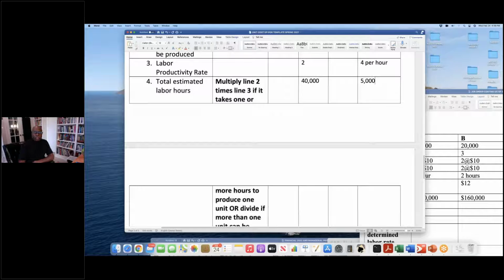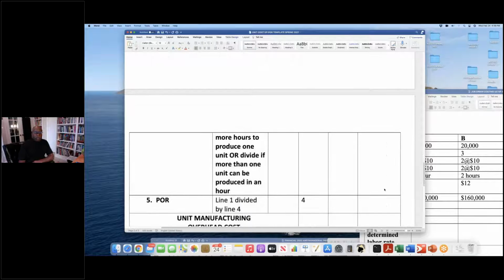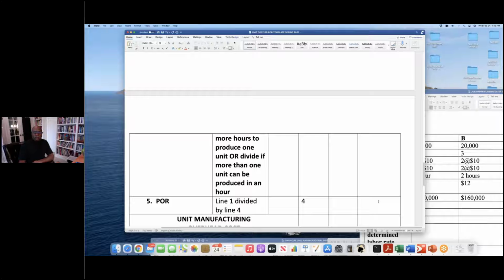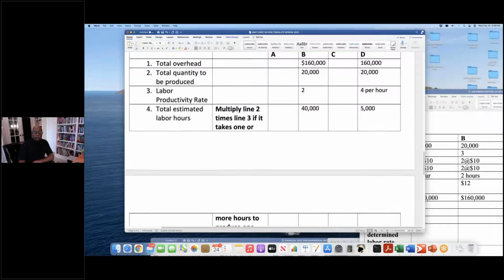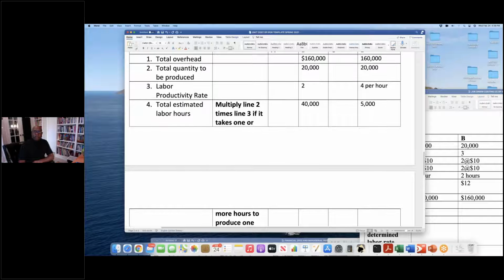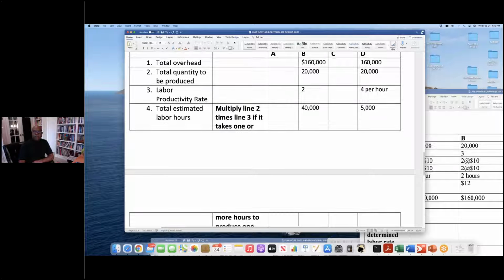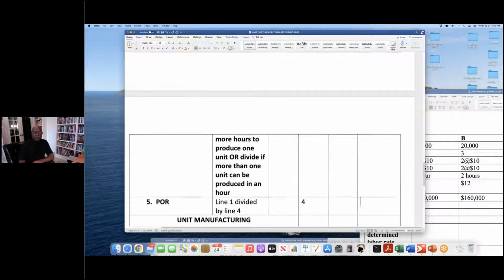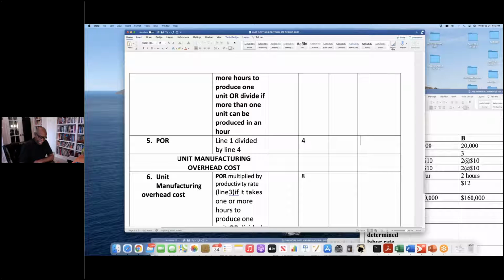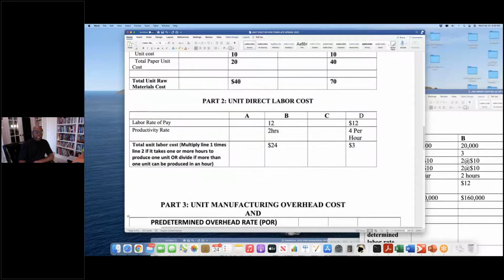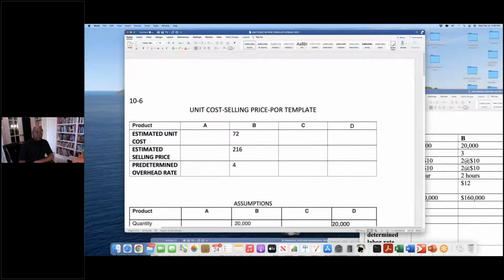So what's our predetermined overhead rate going to be? 32. How did you get 32? I divided 160 by 5,000. Correct. That's how I got 32. So that becomes one of the answers: predetermined overhead rate, 32.